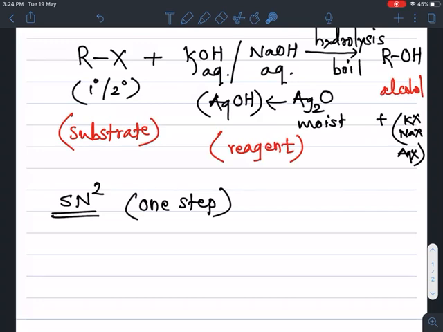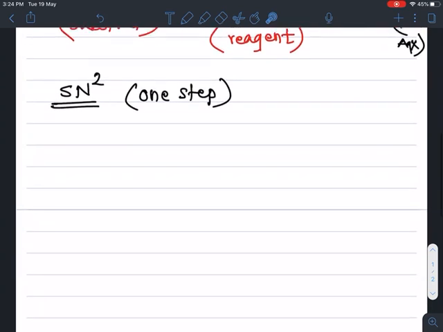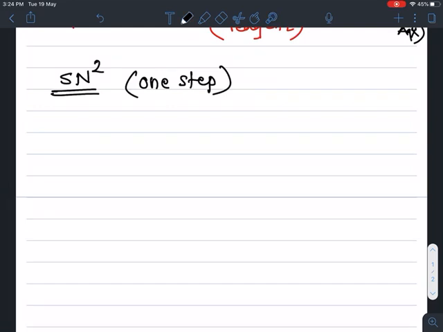Now, the alkyl halide RX may also be tertiary. Secondary shows both types of nucleophilic substitution reactions. If we take a tertiary alkyl halide, it is treated with aqueous KOH, NaOH or AgOH.